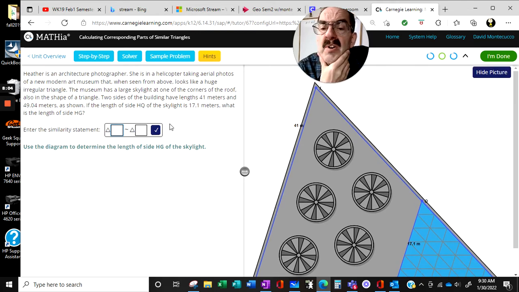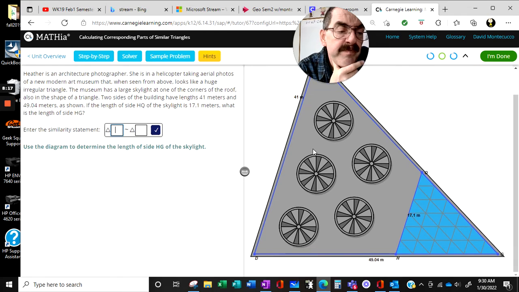Enter the similarity triangles. Heather's an architect, aerial photos, museum, skylight in the corners. Two sides of the building have 41 and 49. The length of HQ, the skylight, is 17. What is HG? HG. So the whole thing is 49 to this. 41 goes to 17. So GQH.